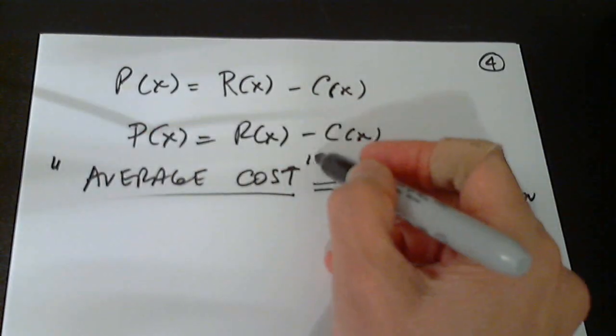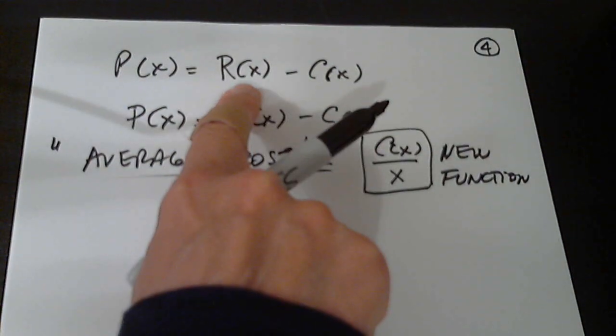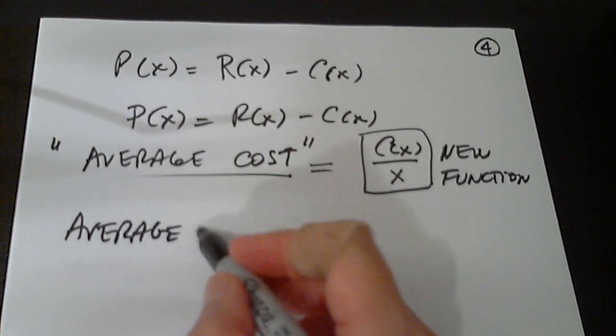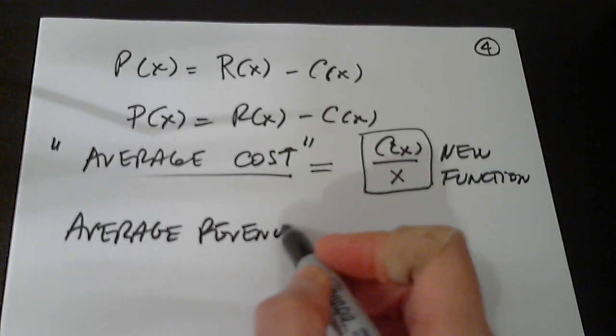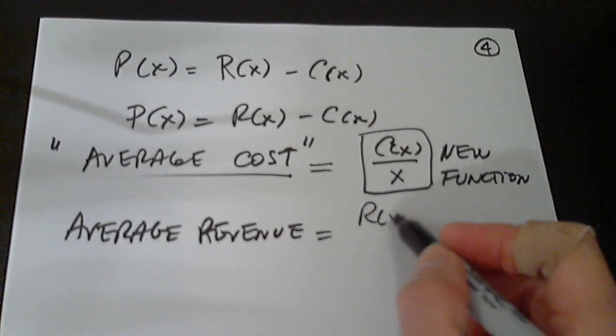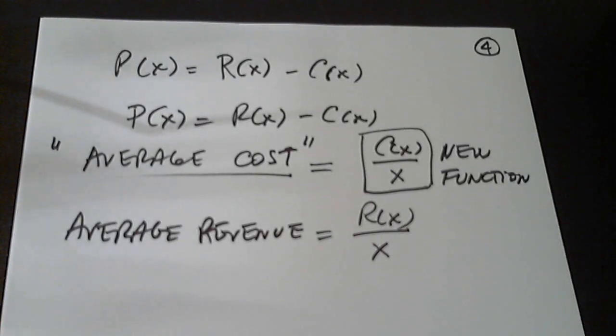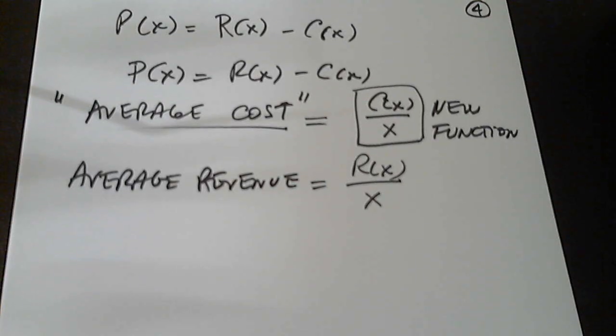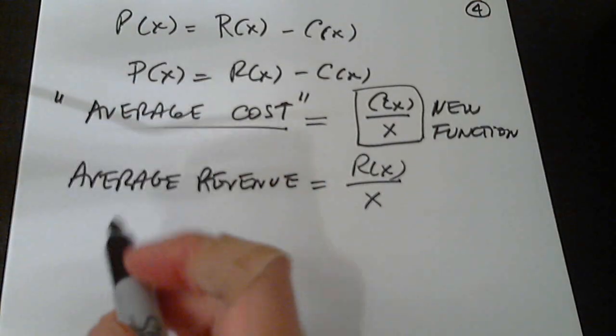That's the title. We also have something called average revenue, which is the same thing, meaning it's the revenue divided by the number of units we manufacture and hopefully sell. The same thing for the profit.